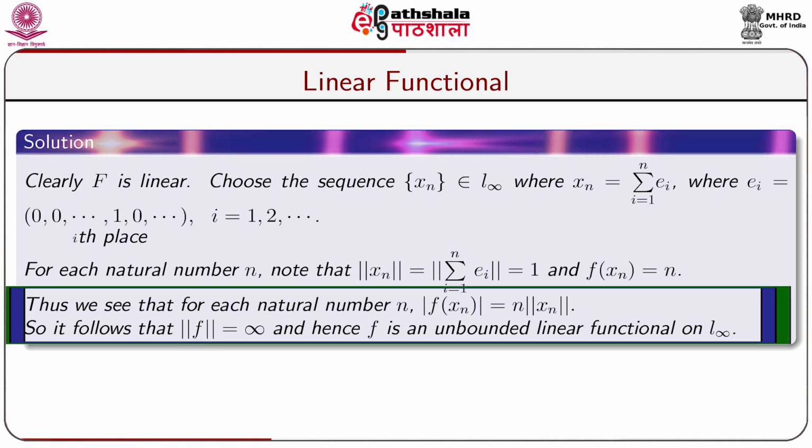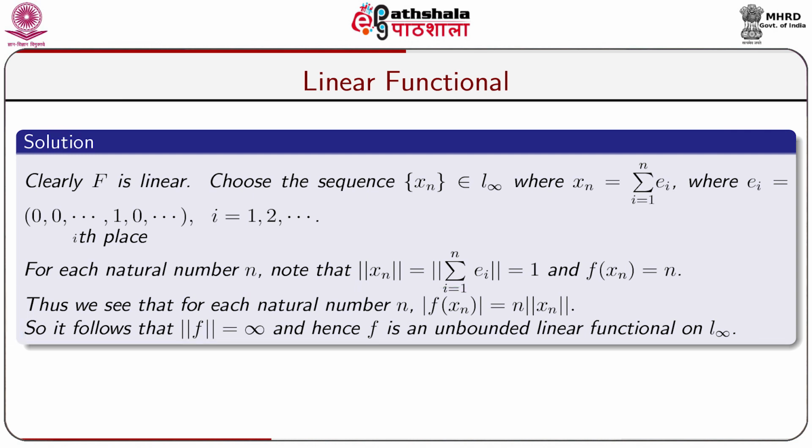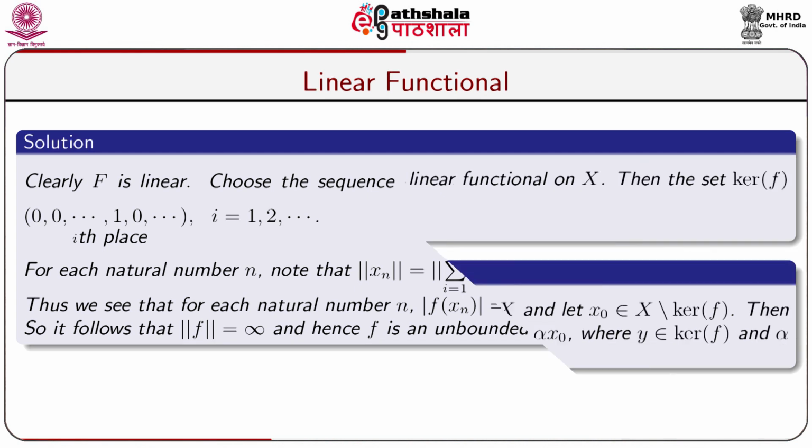Thus, we see that for each natural number n, modulus of f(xn) is equal to n times norm of xn, because f(xn) is equal to n and norm of xn is equal to 1. So, it follows that norm of f is equal to infinity if we let n tend to infinity, and hence f is an unbounded linear functional on l infinity.